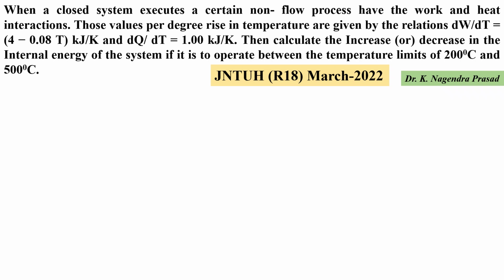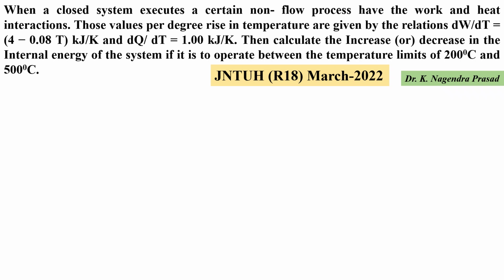Then calculate the increase or decrease in the internal energy of the system if it is to operate between the temperature limits of 200 degrees Celsius and 500 degrees Celsius.